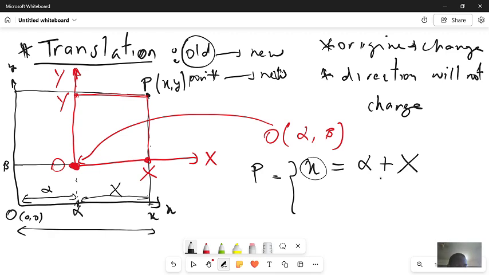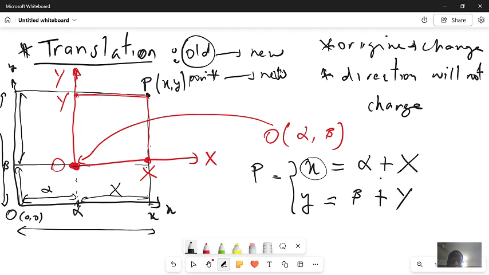Alpha is the x-coordinate of the origin of the new plane with respect to the old plane. Now y is from 0 to here, which equals beta plus capital Y. So y equals beta plus capital Y.